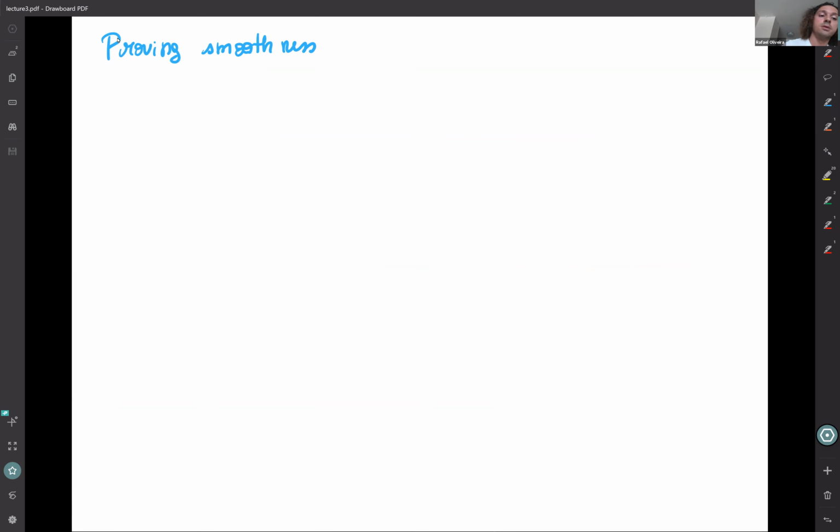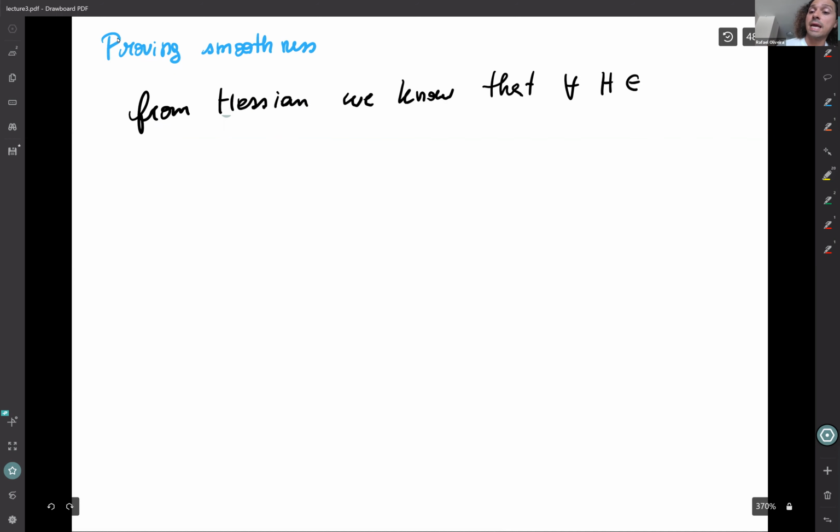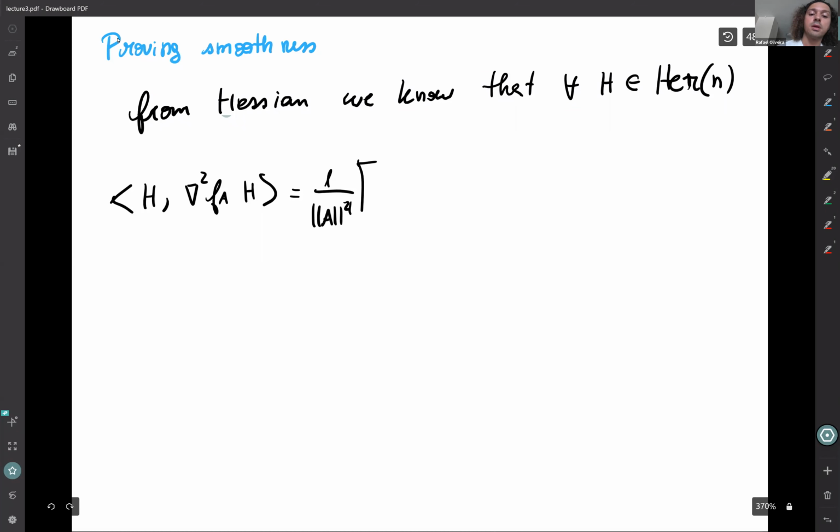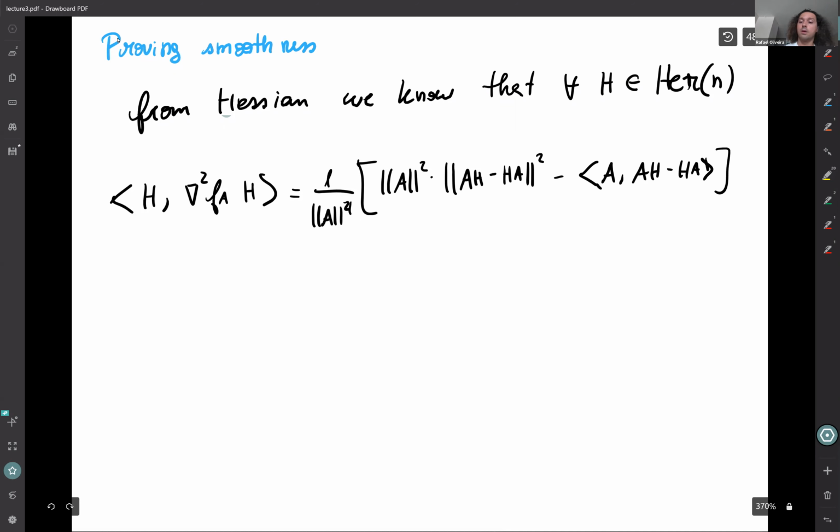We computed the Hessian, so from the Hessian we know that for all Hermitian matrices H, which are the derivatives, when I take the inner product of H and del squared f at A applied to H, we get exactly 1 over the norm of A to the 4th times the norm of A squared times the inner product of AH minus HA squared, minus the inner product of A and AH minus HA, squared.